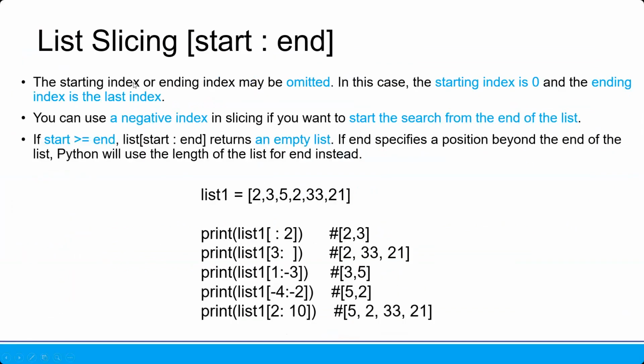The starting index or the ending index may be omitted. Do you know what it means by omitted? So you don't need to put a number. If you don't put any number, in this case, the starting index is 0. And the ending index is the last index.